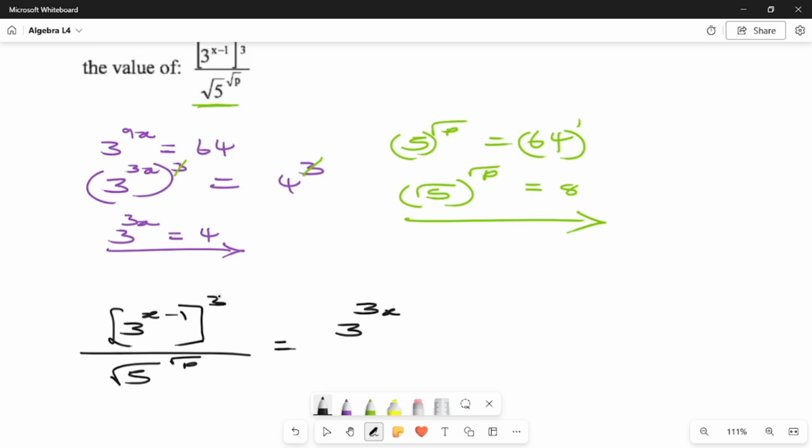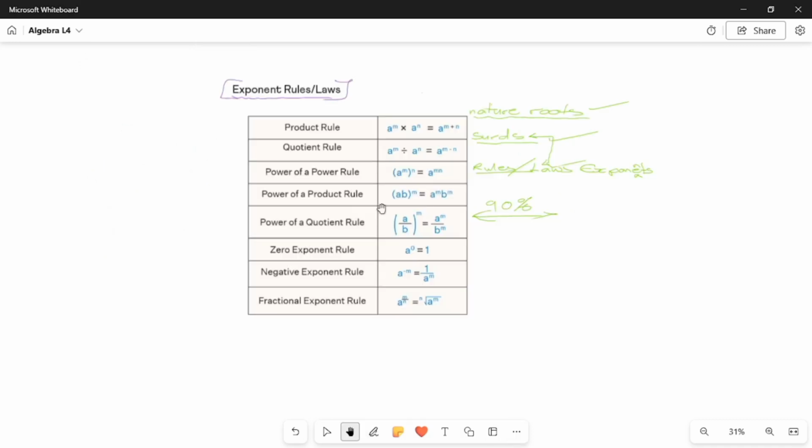The laws of exponents, you will need to multiply this 3 with the x, and what you will do now here, you will multiply. You will say 3 to the power of minus 3. Why? Remember this rule. Let me show you the power rule.